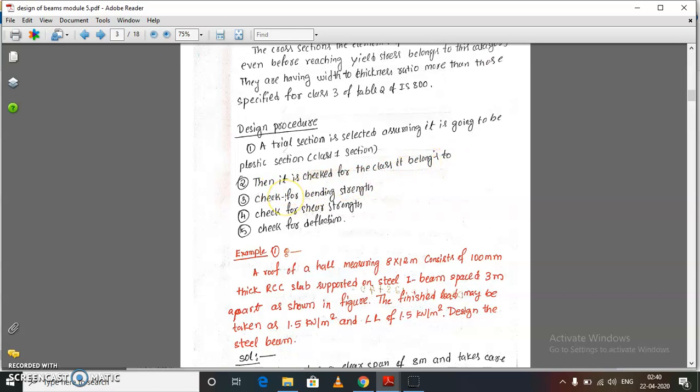Third, we have to calculate all the loads acting on the beam, then calculate the bending moment, and then check the bending strength of the selected section by using the formula given in the IS 800 code book, clause 8.2.1. So let us see what IS 800 clause 8.2.1.2 gives as the formula.